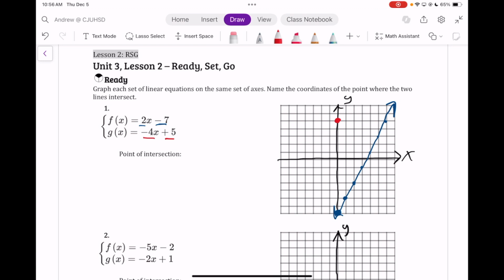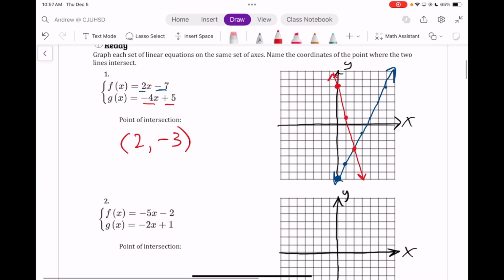So from there, I go down 4, 1, 2, 3, 4, and over 1. Down 1, 2, 3, 4, and over 1. There's my point of intersection. So at 2, -3. Let's do one more.